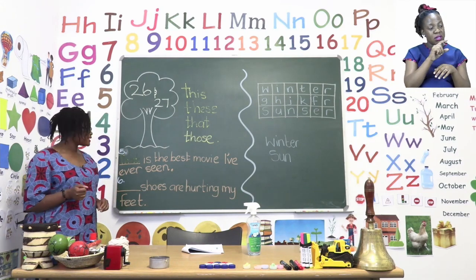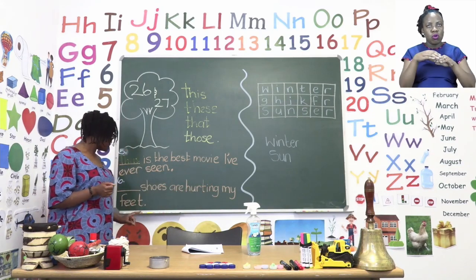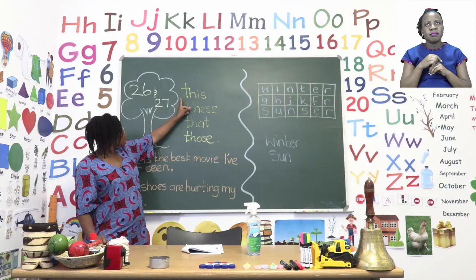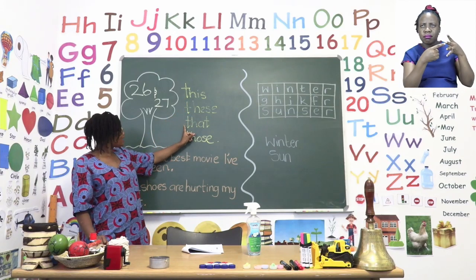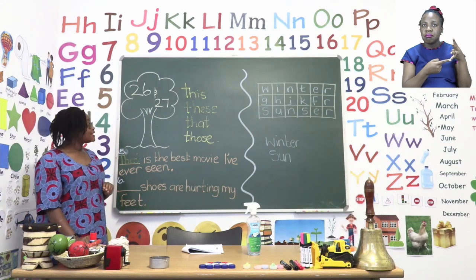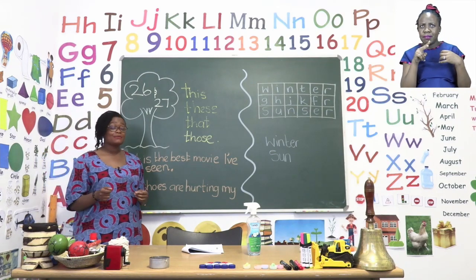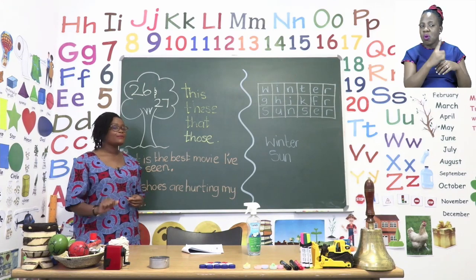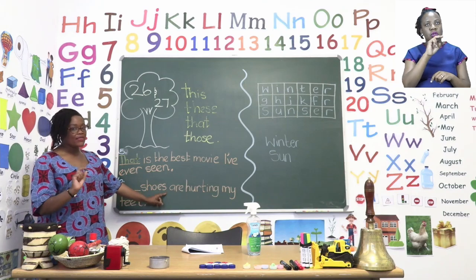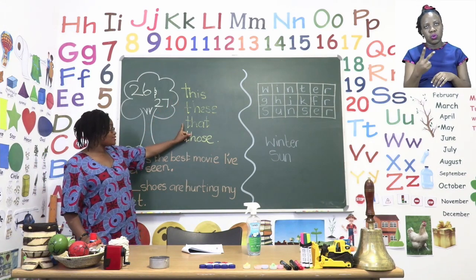The next one, number 6, says, dash shoes are hurting my feet. Do we say this, these, that, or those? Well, it looks like we cannot use any singular demonstrative pronouns. Why? Because shoes come in pairs, so it's not one thing. So we're not going to use this or that.